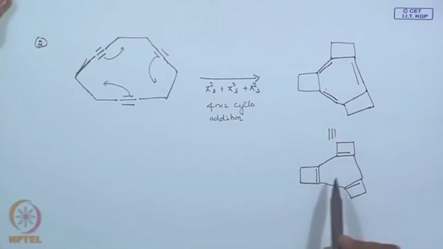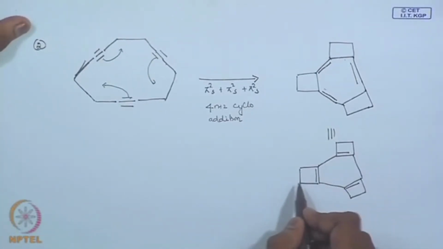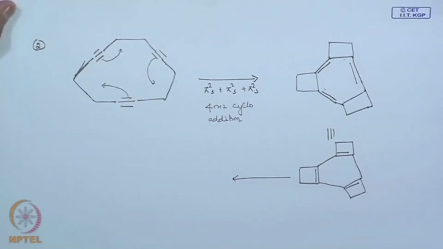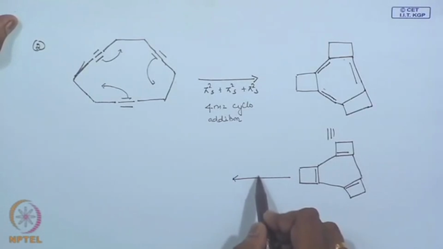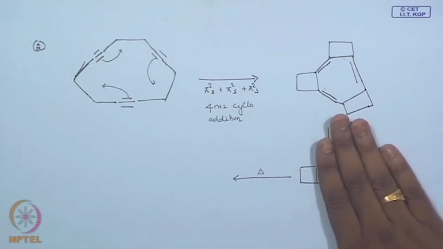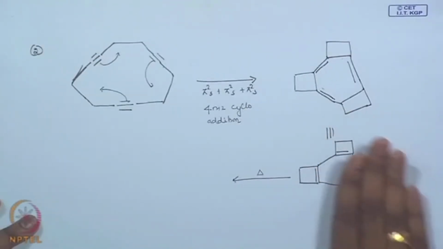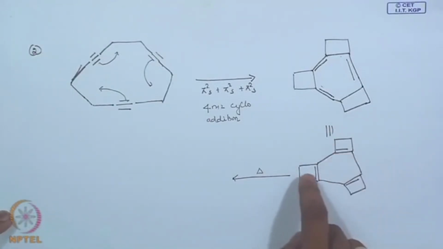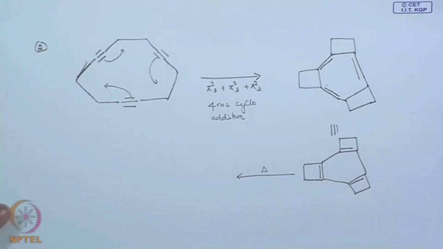Now think, what will happen if I take this starting material and heat it? Just forget all these things, just think, what molecule is this? Yes, nothing but your cyclobutene. So you have 3 cyclobutenes, that is all.